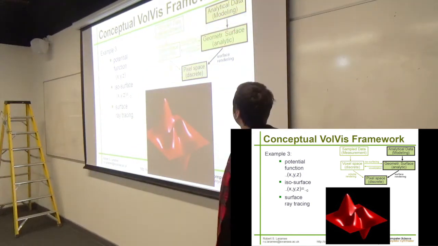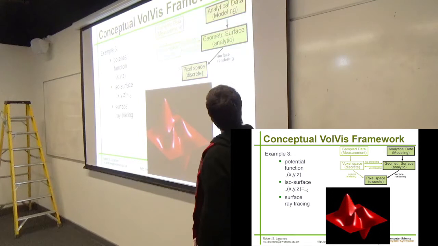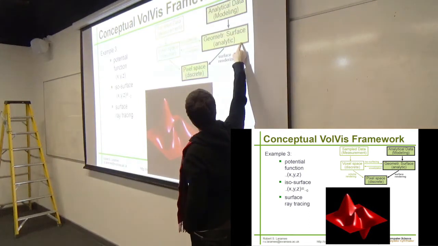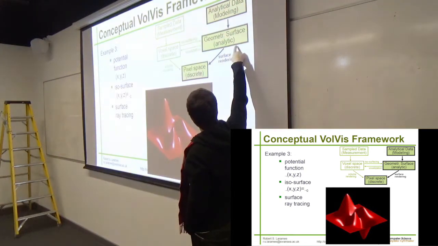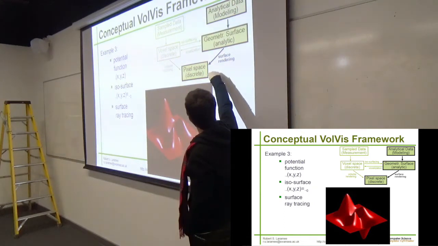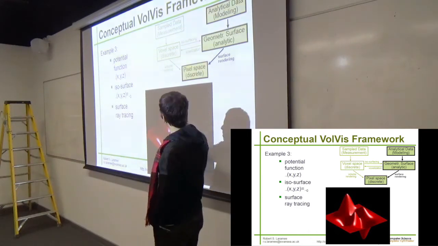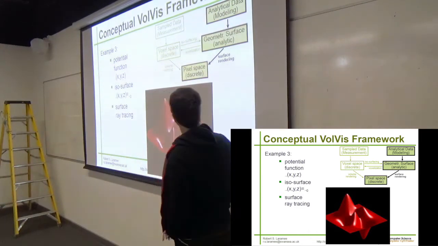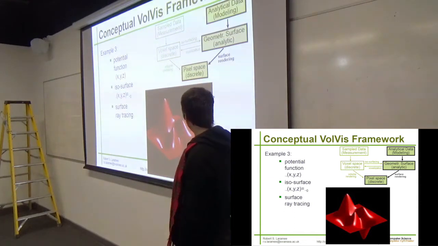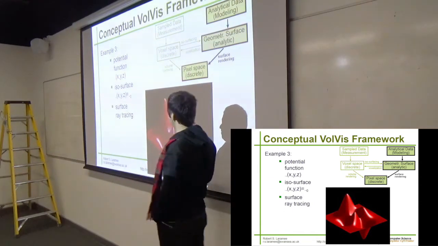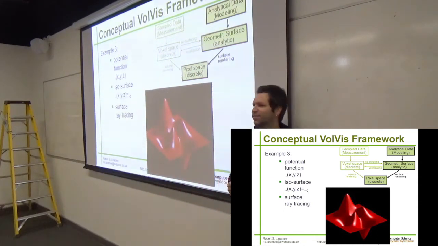That's analytical data. And the user has decided to extract analytic surfaces from the analytic data, and then render those surfaces as a set of triangles. And here's an example. It's not the world's best example because you can see it's got some aliasing artifacts, but you get the idea.